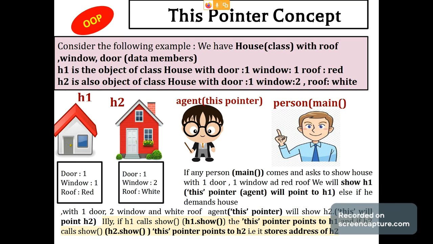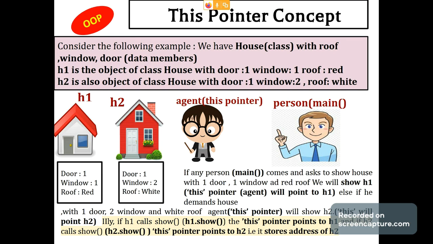Now you have two different houses, h1 and h2, designated as objects, having different data values. Like h1 has one door, one window, and its roof is red, whereas h2 has one door, two windows, and its roof is white.